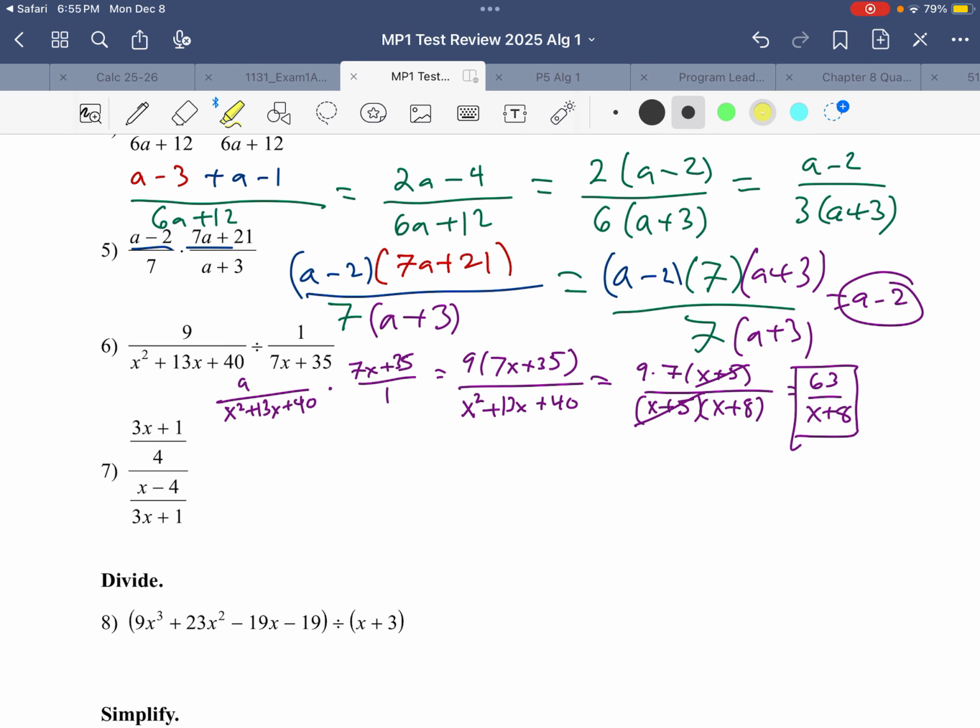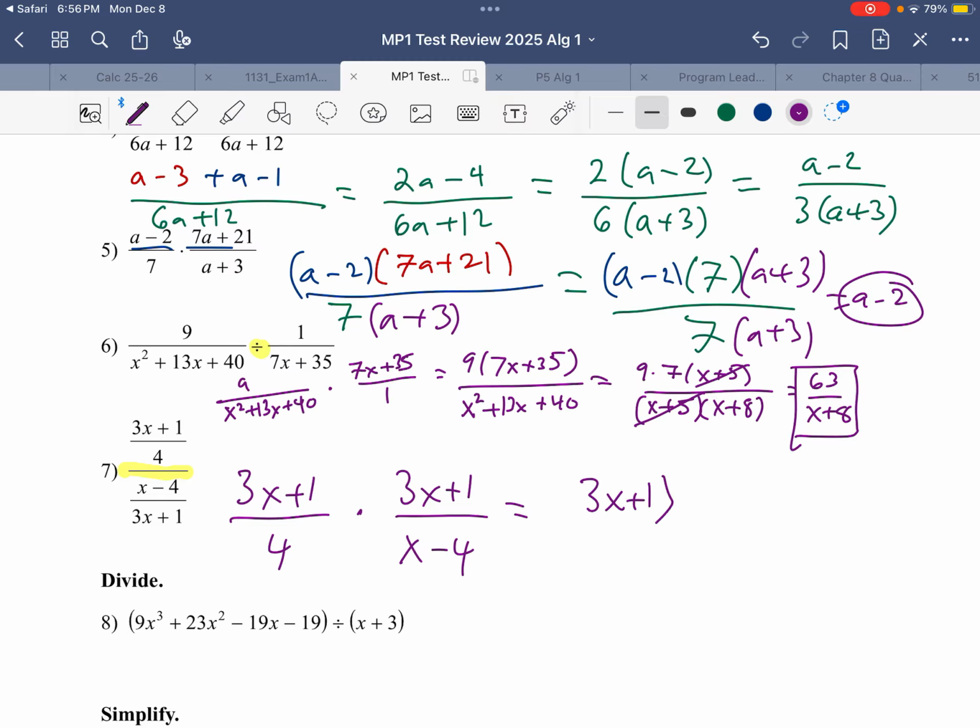In the same way this last one was division, when I got what looks like almost a fraction divided by a fraction, here I'm also dividing, so I can write this like 3x plus 1 over 4 times 3x plus 1 over x minus 4. So this is 3x plus 1 squared over 4 times x minus 4.